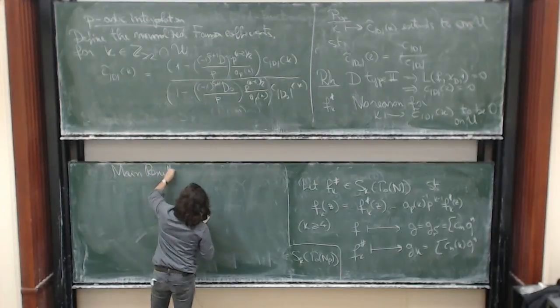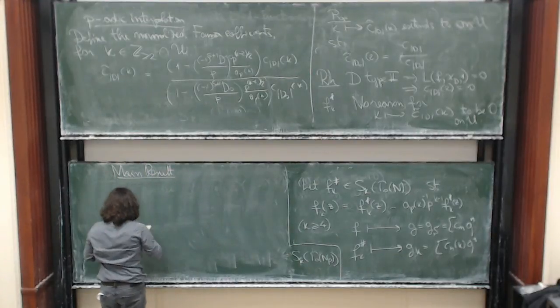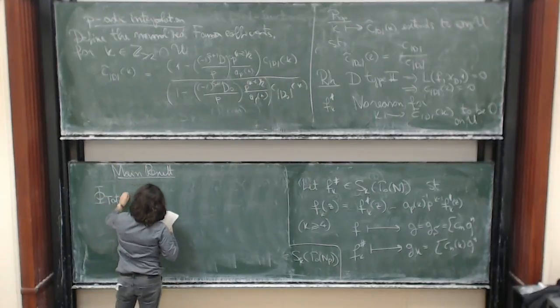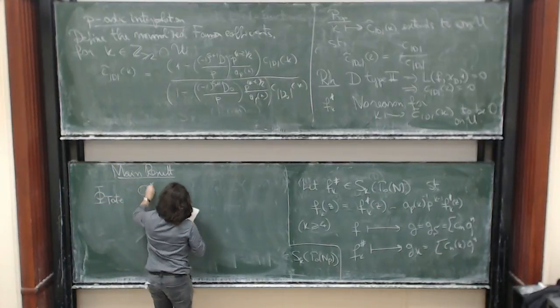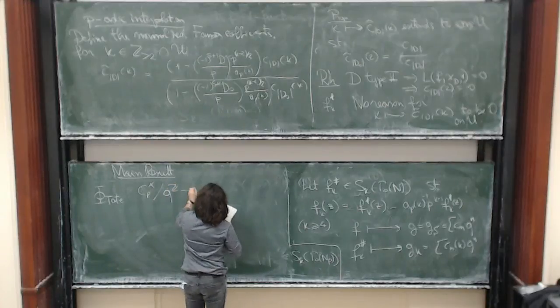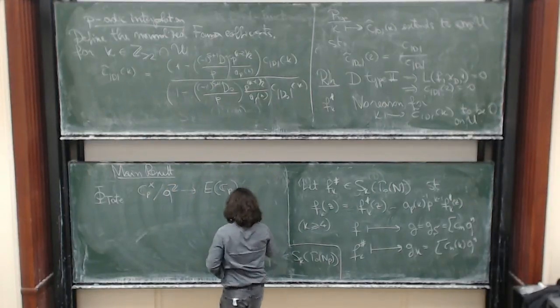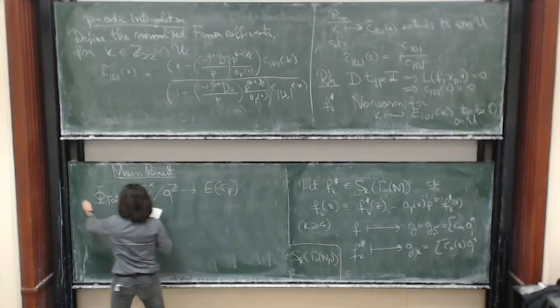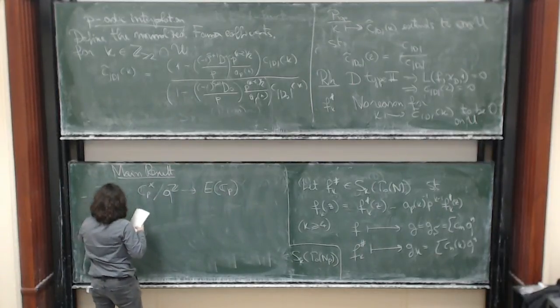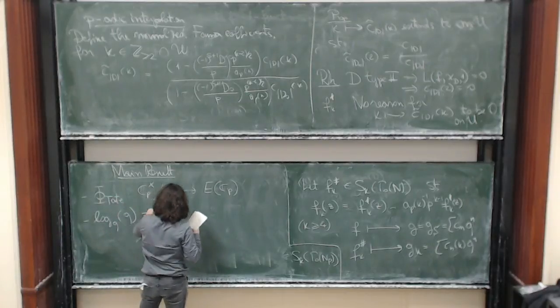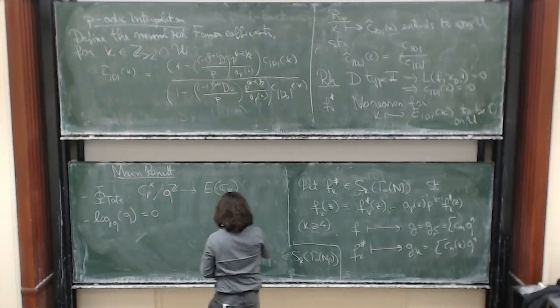You fix phi Tate, the Tate uniformization of the elliptic curve from Cp star over q to the Z to a Cp. And we fix a branch of the p-adic logarithm such that log_q of q is 0, where q is the Tate period.